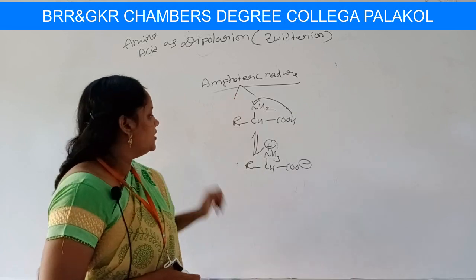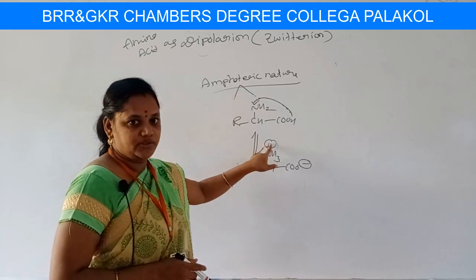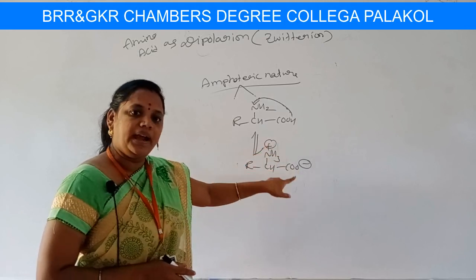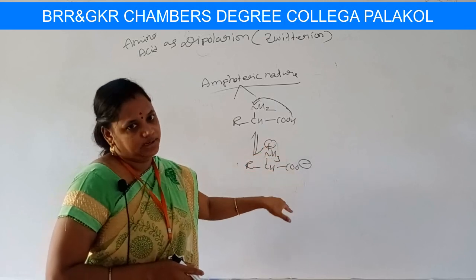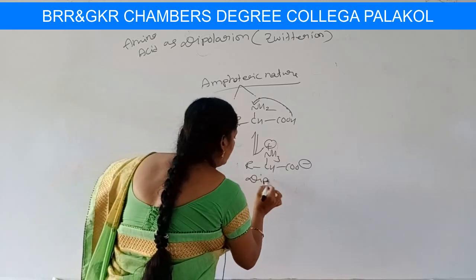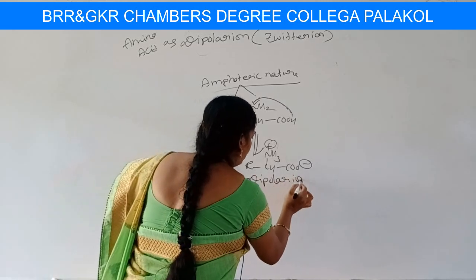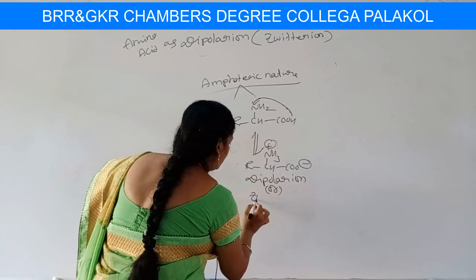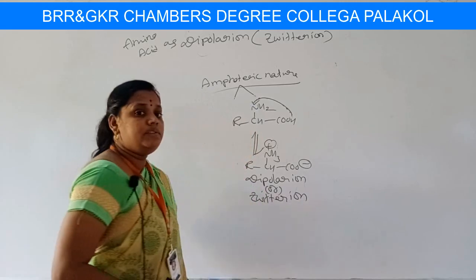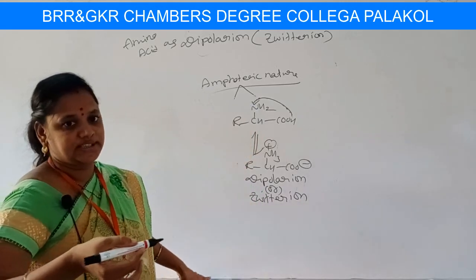Okay students, so what happens here? A positive charge and a negative charge here. Right students, this is called dipolar ion or Zwitter ion of amino acid, which is a very important topic in your semester.